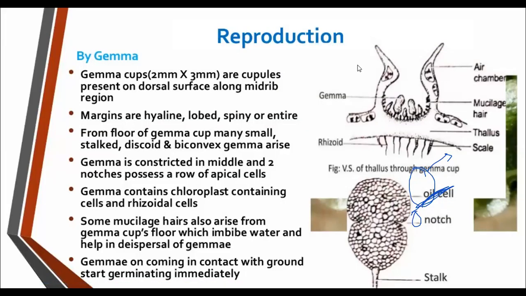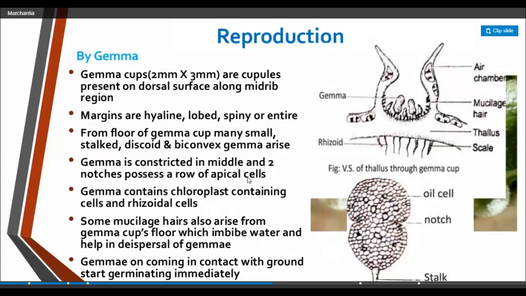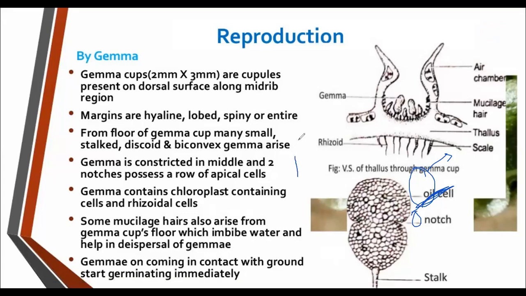Even in the practicals, you'll get gemma, the TS of the gemma, so you have to draw it and explain the characteristics. The gemma develops in cup-like structures called gemma cups. If you remember the external morphology of the thallus, the thalluses are dorsiventrally flat.